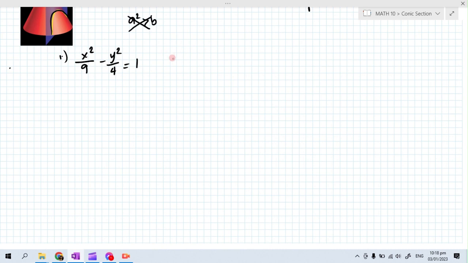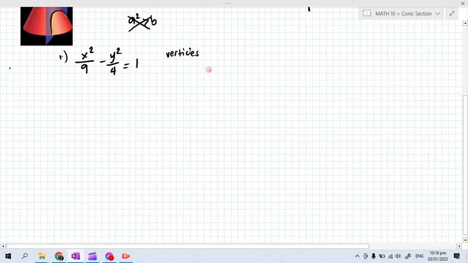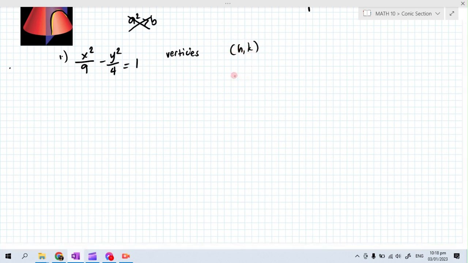We need to find the vertices. First, we need to find the center of the asymptotes, which is h and k, and then identify which is a squared and which is b squared.